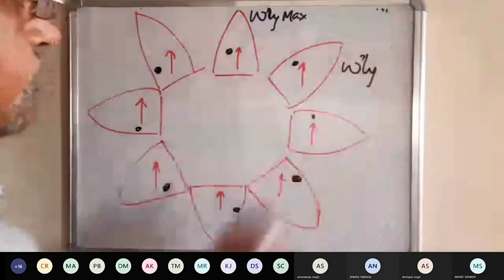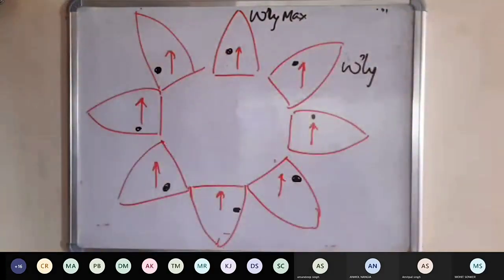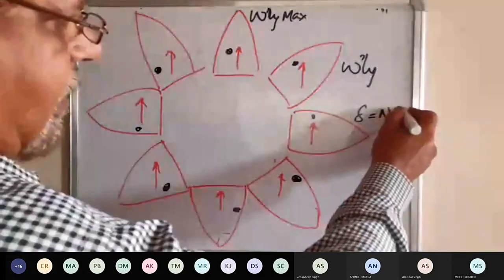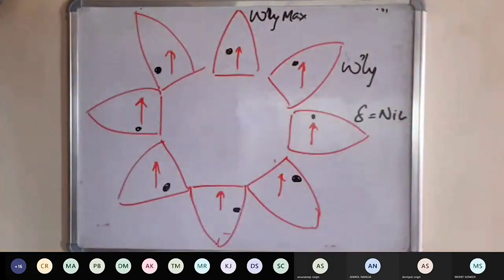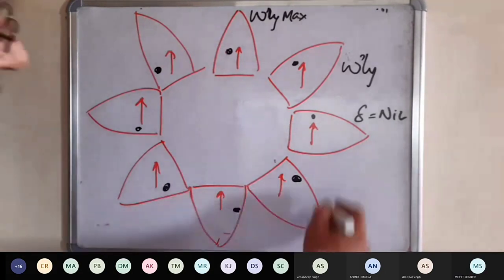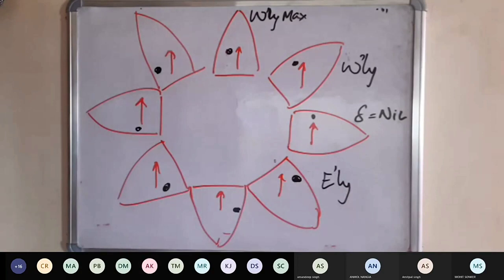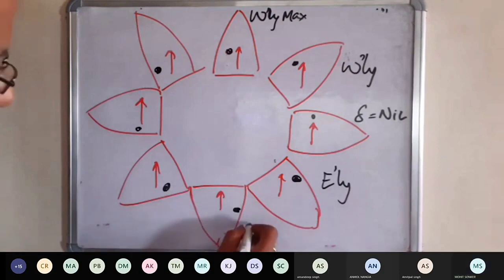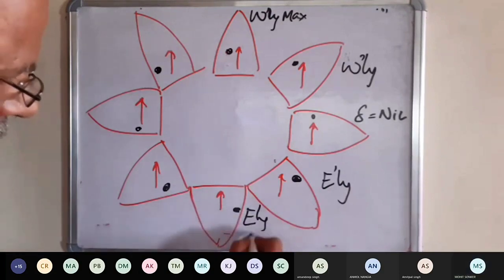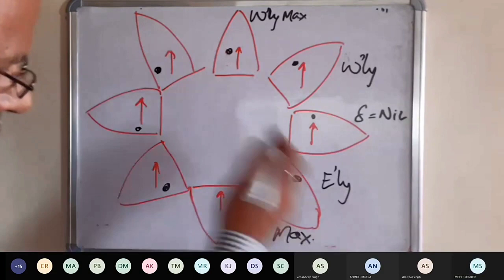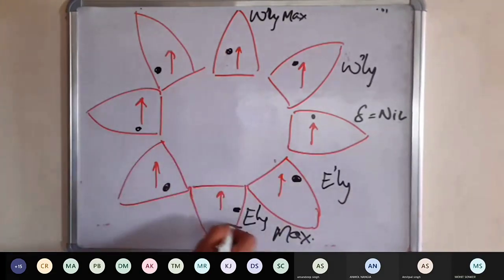Again, westerly. Here, deviation nil. Correct? Because both are acting in the same line. Yes, sir. In this case, is it easterly? Yes, sir. Very good. In this case, is it maximum easterly? Maximum, very good. In this case, maximum easterly.